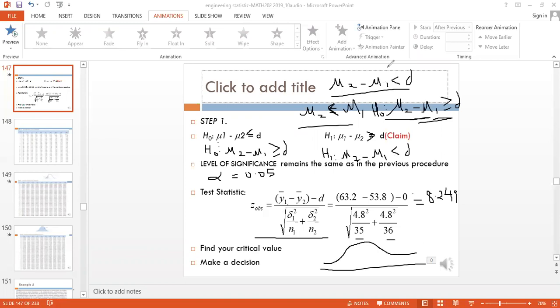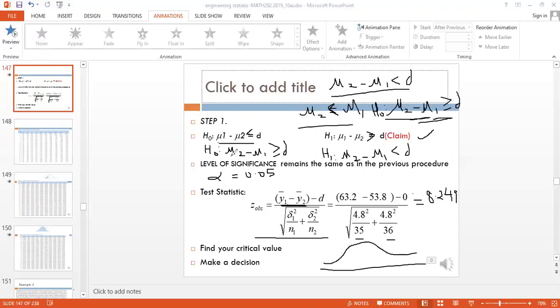Yes, before we read a critical value, there is something you need to know. If we expressed your hypothesis in this form, we've expressed it as population 1 minus population 2. So when we came here, we came to subtract y2 from y1. Take note of that. The group that comes first in your hypothesis, if we're going with this hypothesis, then the term here is y1 minus y2.